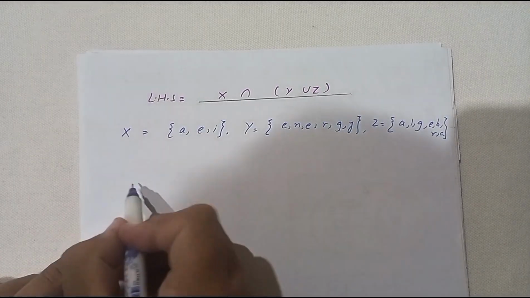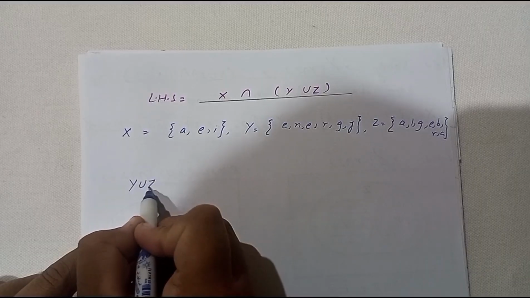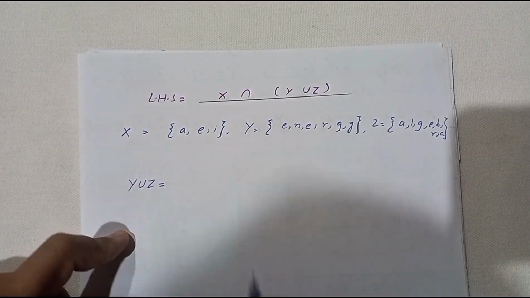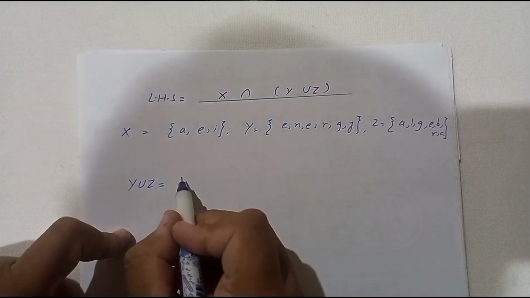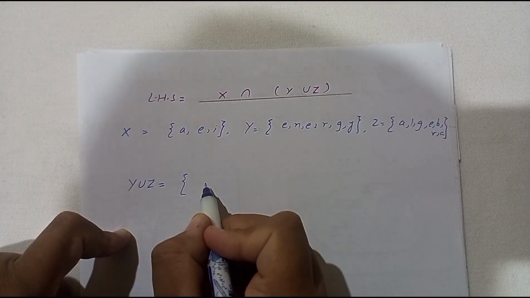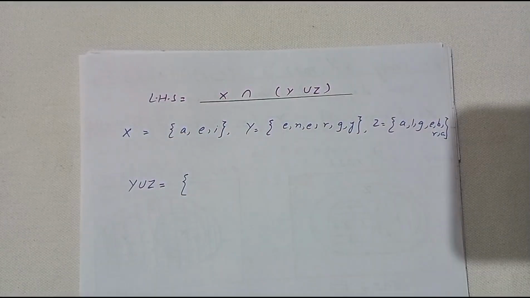So first we solve the left hand side, that is X intersection (Y union Z). First we find Y union Z, which means all the elements of Y and Z are written. The elements that are common, we write them one time.